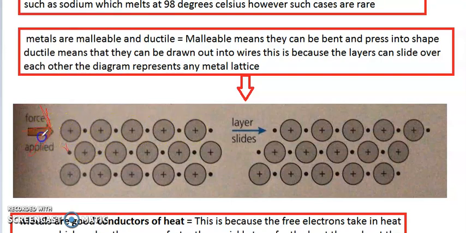For example, this is pushed forward in that direction, and therefore the layers slide over each other. So this is the second diagram. Can you see the metals are sliding away in this direction? This explains why metals are called malleable and ductile.